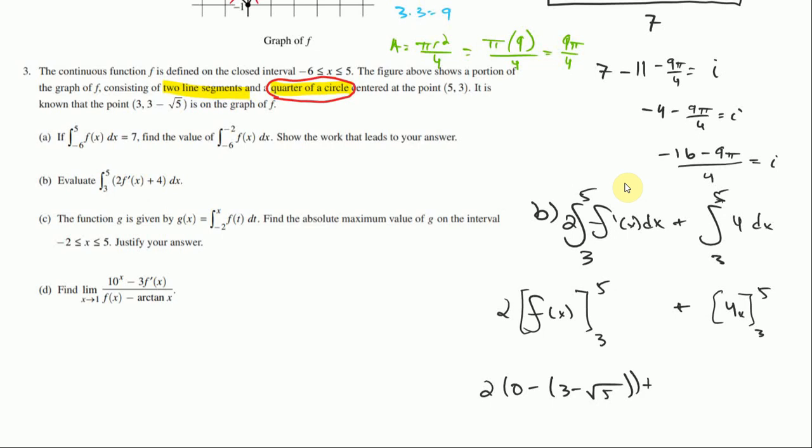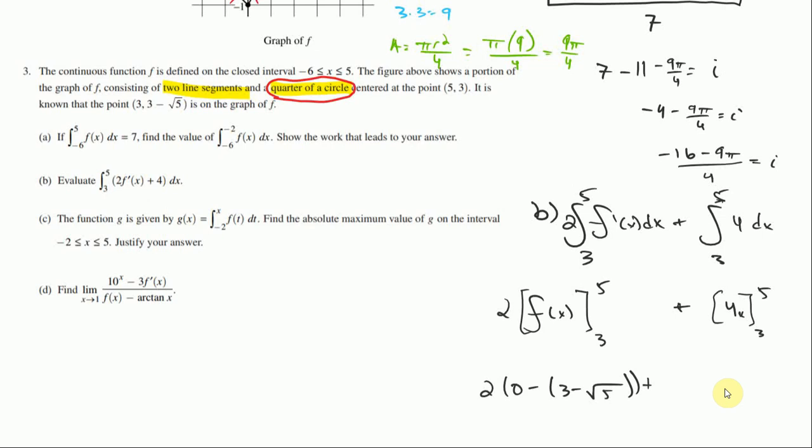Plus 4 times 20 minus 4 times 15 is 80 minus 60 is 20. All right. Or wait, I did that wrong. It's 4 times, yeah, it's 20. Just 20 minus, okay, I definitely did that wrong.